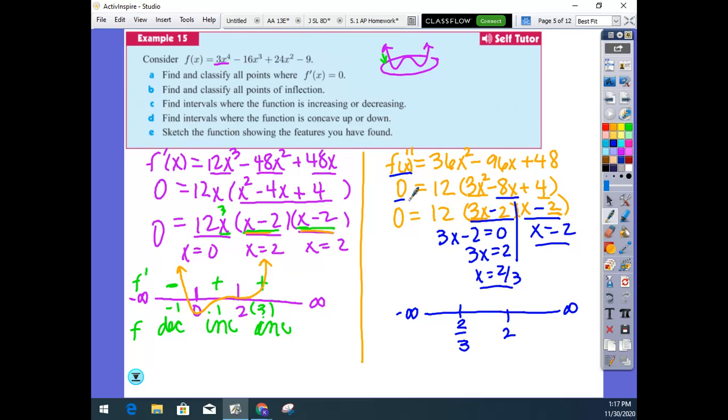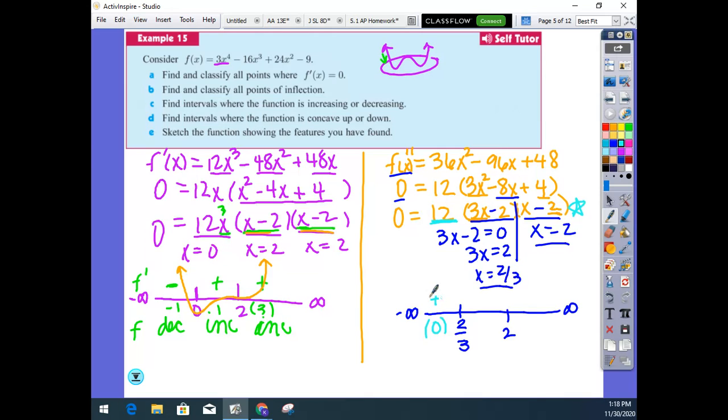So let's pick 0 in this interval, and I'm plugging it in. I'll plug it in here. This will be easy. This is always positive. If we plug in 0 here and here, that's going to be a negative times a negative. That's positive.